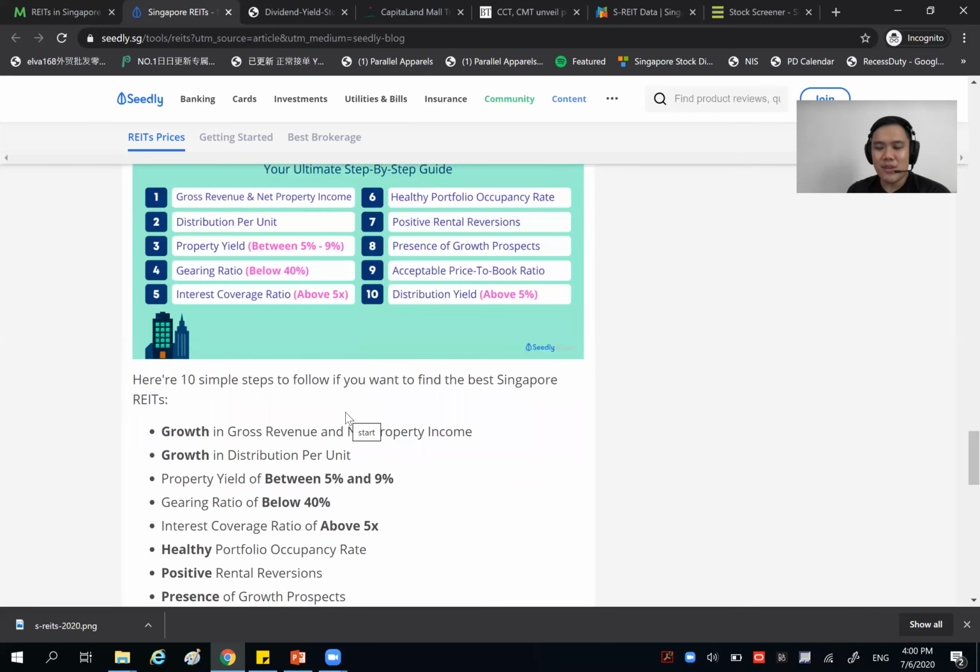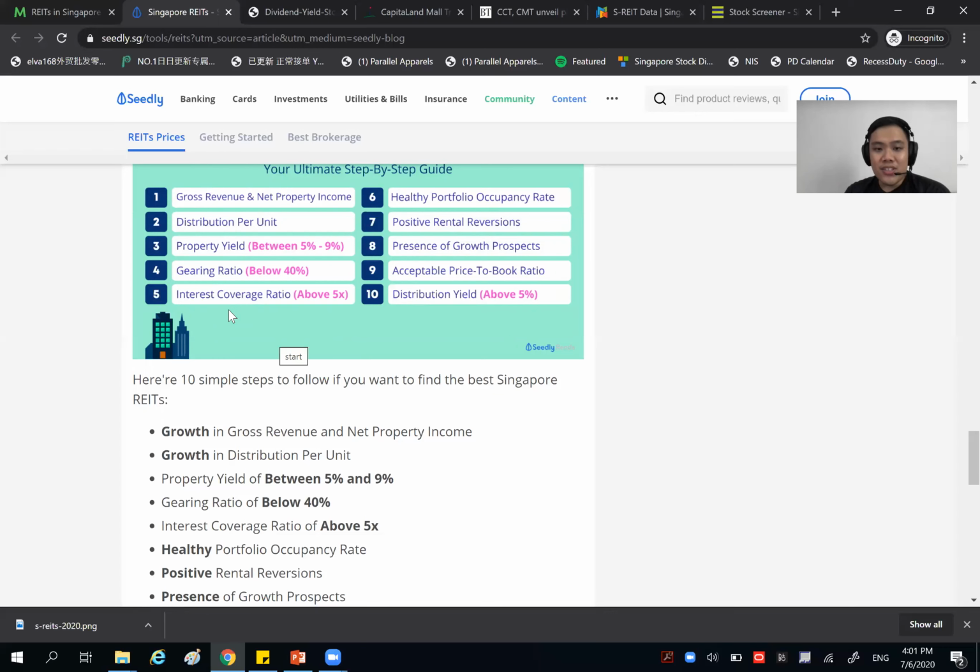In recent months because of COVID, MAS has relaxed that regulation and changed it to 45%. There are REITs that are going higher than that, but that means they tend to be more risky. So you have to look and understand what you are buying into.